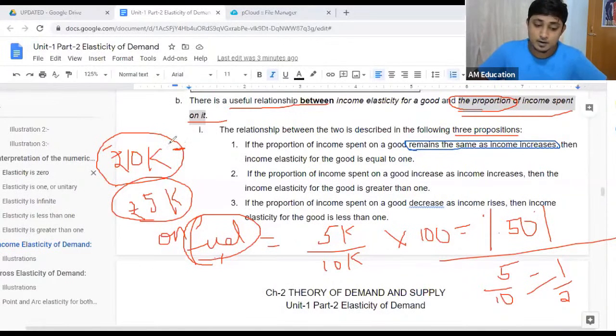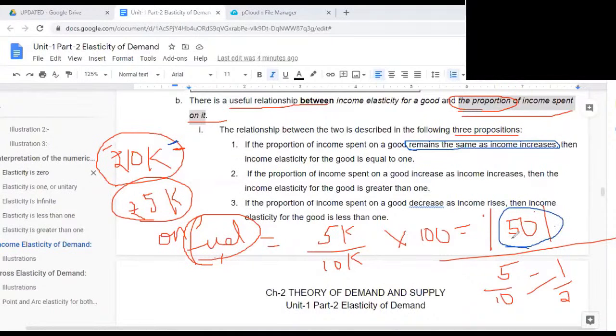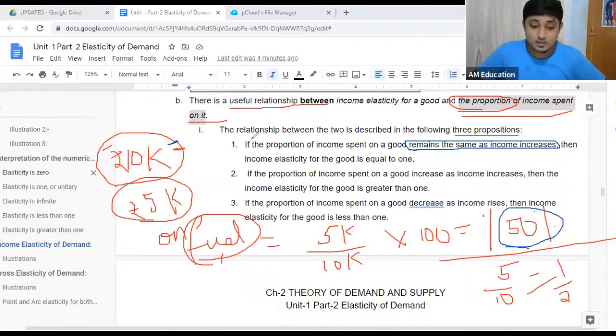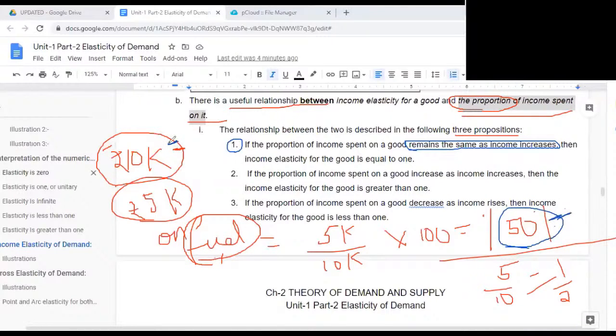How much is my income here? 10,000. And how much is my proportion in the first place? 50%. So what is the first point telling? This proportion remains the same if my income is increasing.